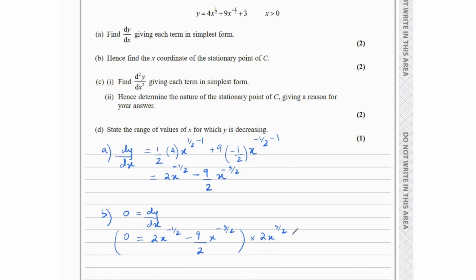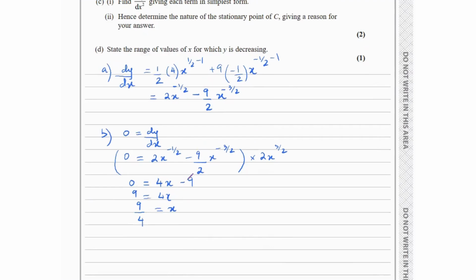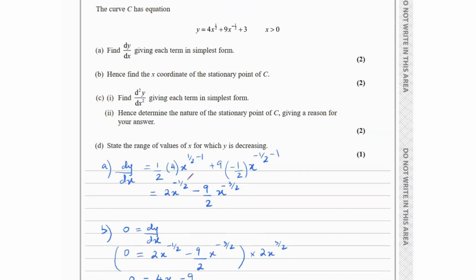So that makes the power simpler. So 0 equals 4x minus 9. So that means 9 equals 4x and 9 over 4 is the value of x. That's the x-coordinate.